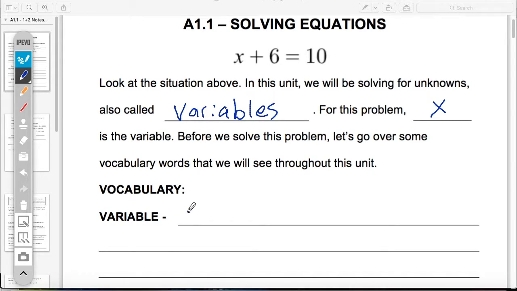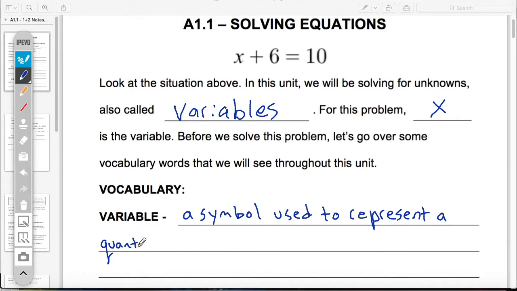A variable is a symbol used to represent a quantity that can change. A quantity is just an amount or a number.